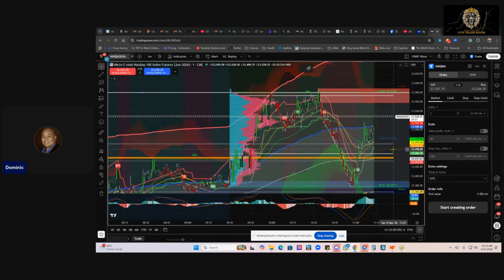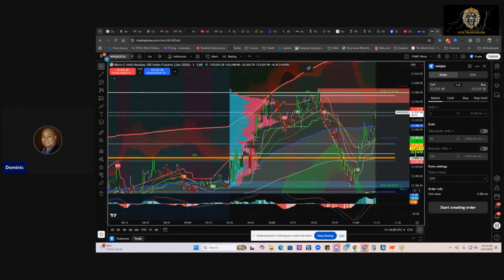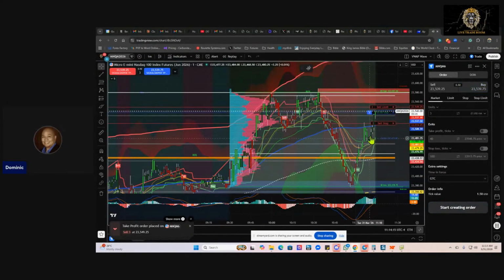There it is. Pushed it up, and this is basically a liquidity zone. You can see how the price has been bouncing off here. There's one, there's two. Mostly trying to get up there. Let me see if I can get up there. There we go.